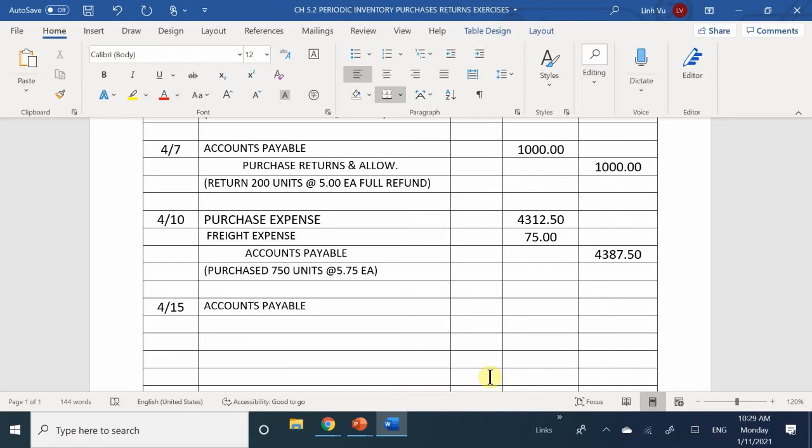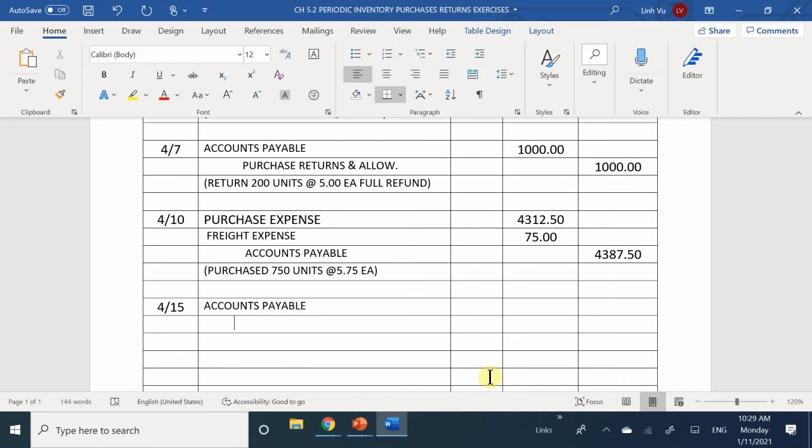It's mostly due to the first one. When you first get your items, the first thing you should do is open all the boxes to inspect that every single item is working or there's nothing wrong with them. That's a good business practice, but sometimes that doesn't happen. But usually the returns and allowances happen for the previous batch that you just purchased.